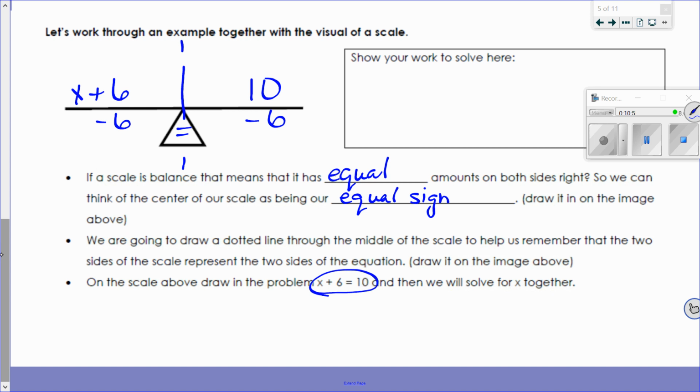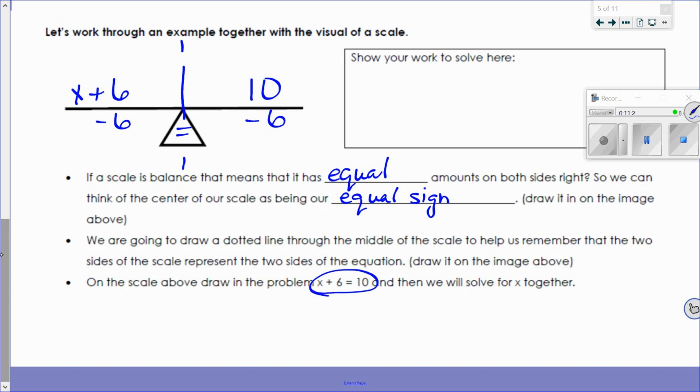It is, right? Now, if I take that same 6 off of both sides, is it still going to be equal? If I take the same amount off of both sides, is the scale going to change? The scale started equal. You take the same amount off both sides, it's going to stay equal.